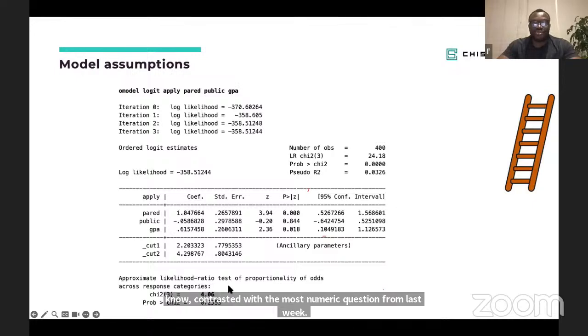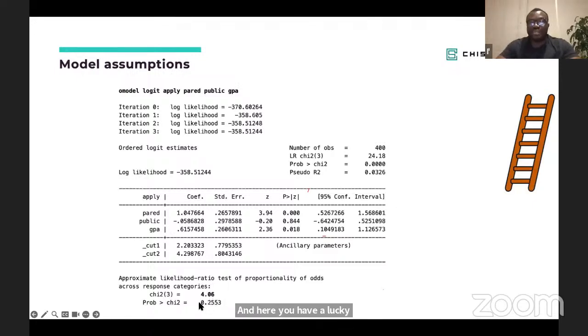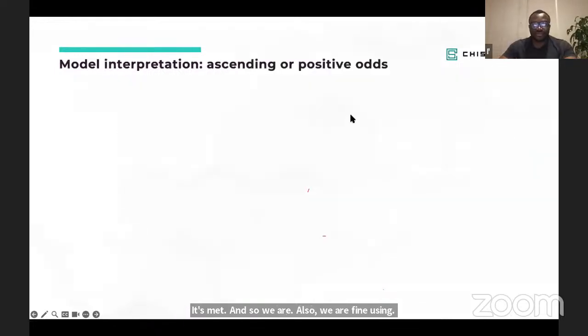And here you have a likelihood ratio test. You can see the p-value is bigger than 0.05. So that tells us that, yes, the assumption that the steps 1 to 2 of a ladder is the same as steps 2 and 3, which is the same as steps 3 and 4, is met. And so we are fine using the ordinal logistic regression model for our analysis.